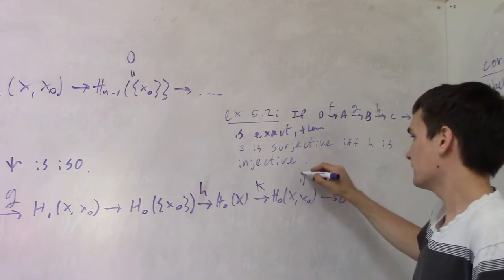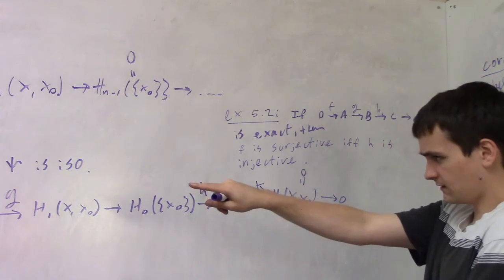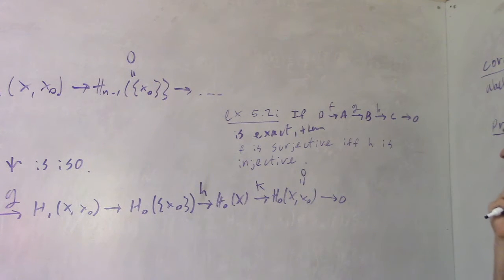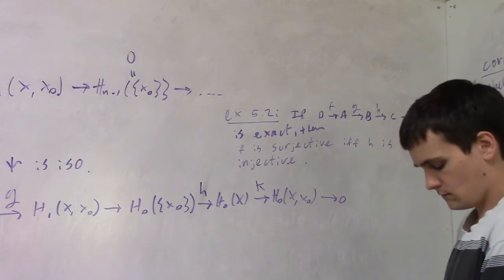Okay, thank you. H0 of X naught is isomorphic to Z. I don't think there are any other zeros.